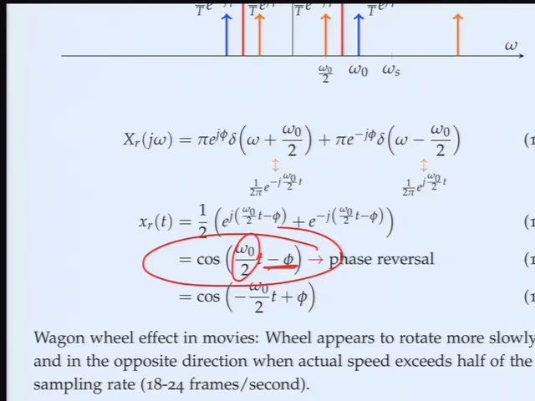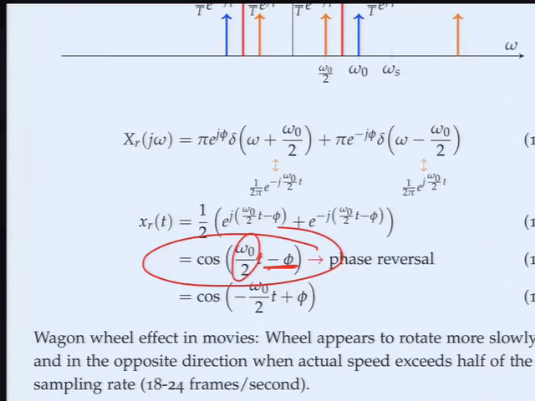I don't know if you ever watch Western movies, or actually it doesn't have to be Westerns. If you see a car moving in a film, sometimes you see the tires moving in the opposite direction, and also slower, in fact, right? Moving slowly in the opposite direction. That's because when you're recording, it has a certain sampling frequency. It's like 24 frames per second. I don't know what it is currently, especially with digital cameras.